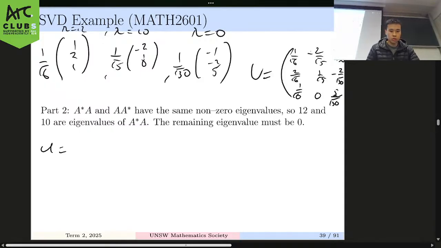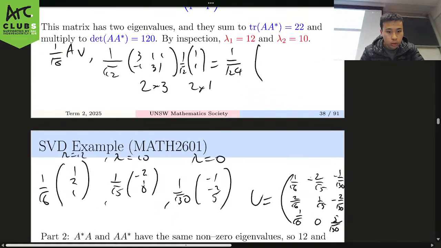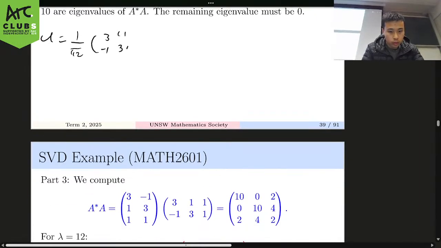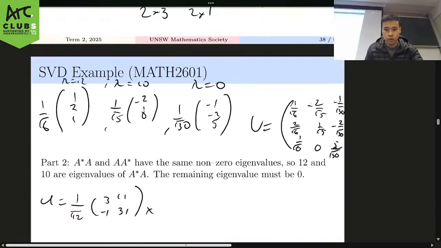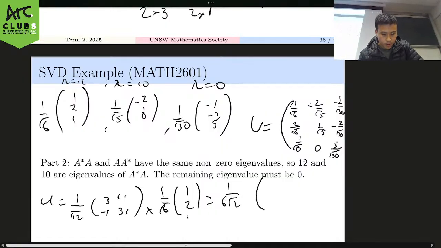U is equal to the massive process again, 1 over root 12, and then A. So 3, 1, and then times the first one, so 1 over root 6, 1, 2, 1, is equal to root 72, so 6 root 2.